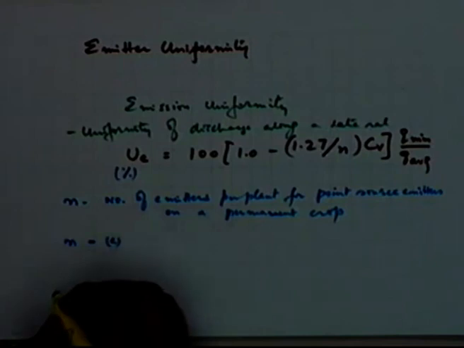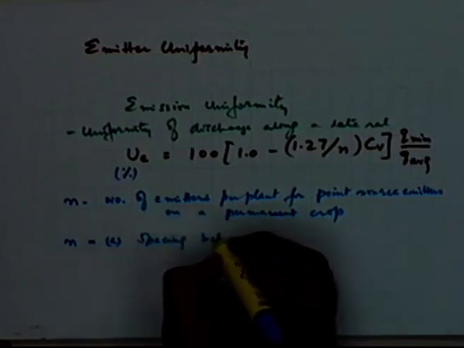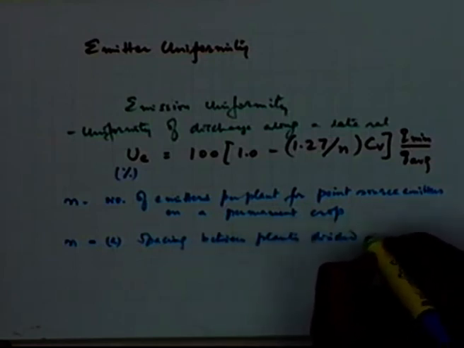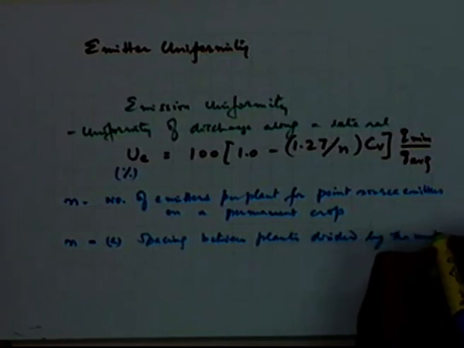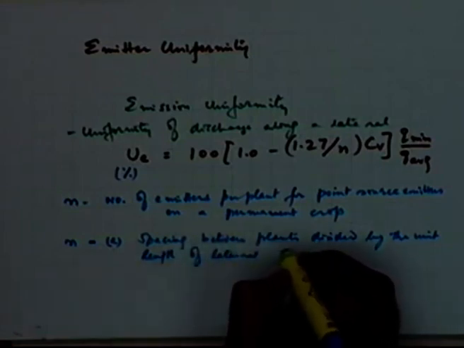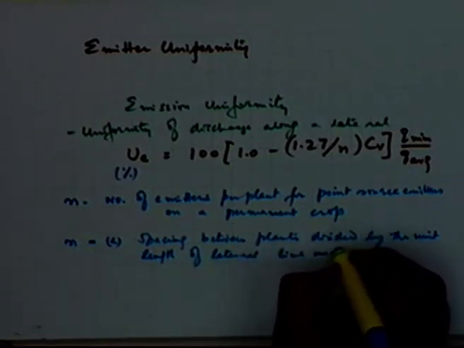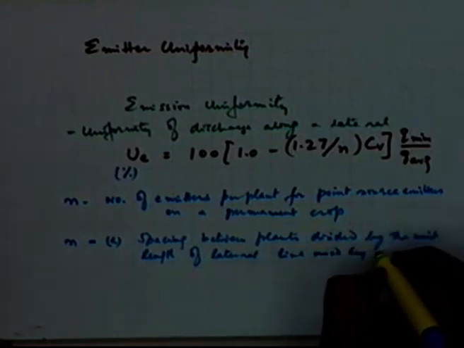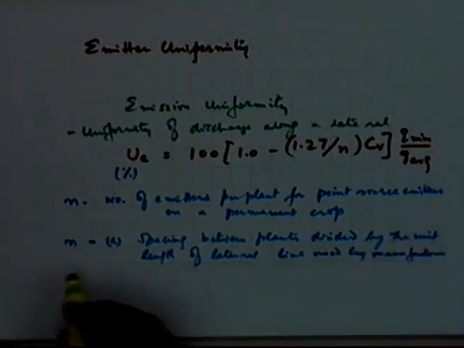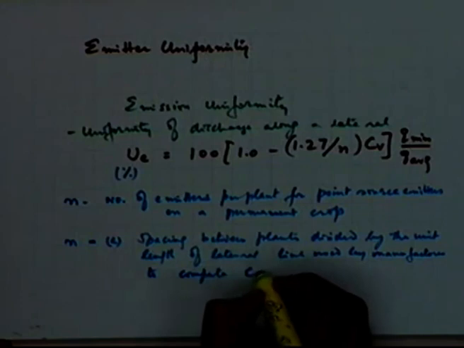N will be, case A, the spacing between plants divided by the unit length of lateral line used by the manufacturer to compute CV.